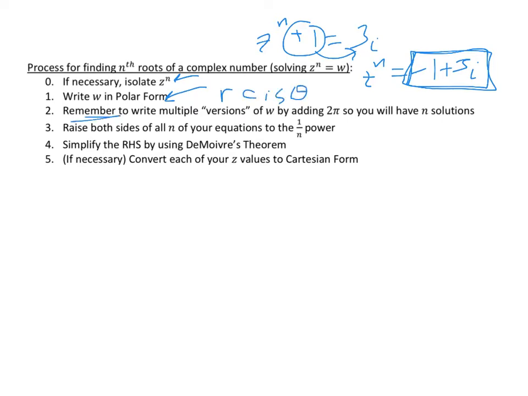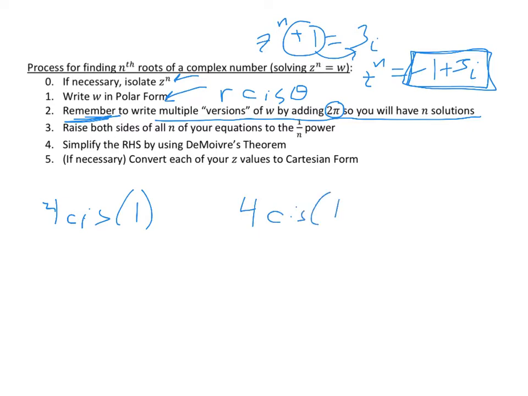Now remember, when you do that, you need to write multiple versions of that by adding 2 pi so that you'll wind up with n solutions. So if your first one was, let's say, 4 cis 1, you would also want to write 4 cis 1 plus 2 pi, and 4 cis 1 plus 4 pi.